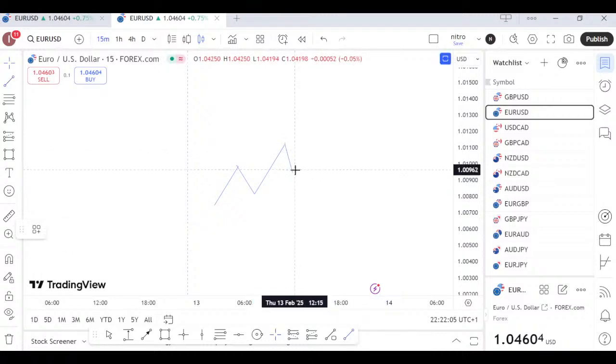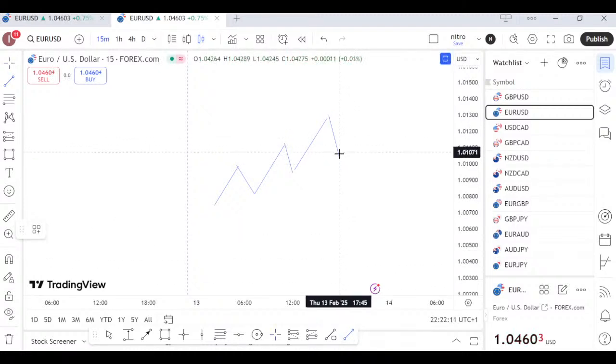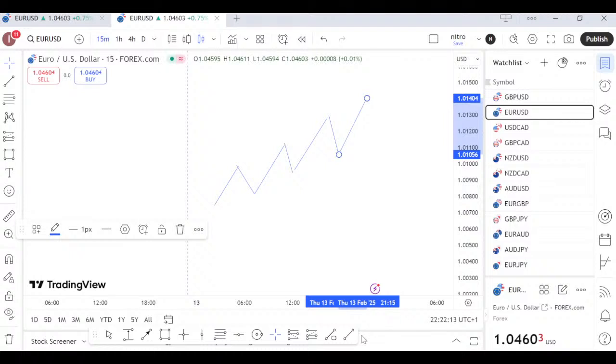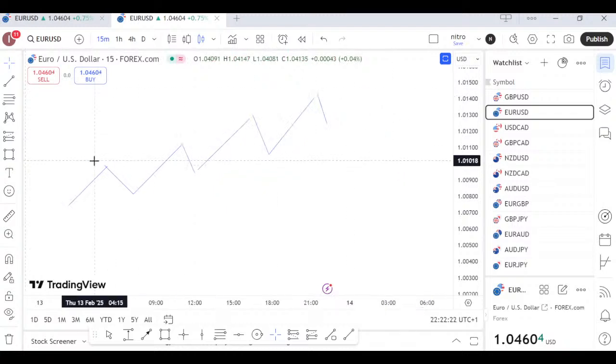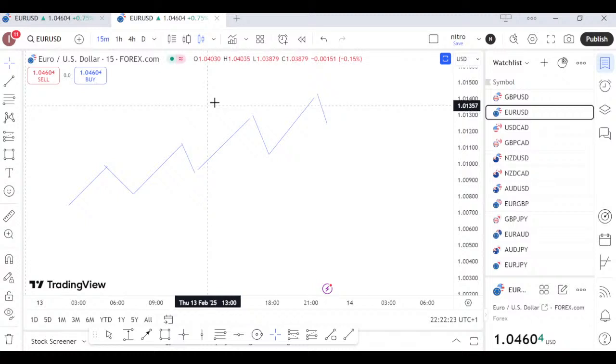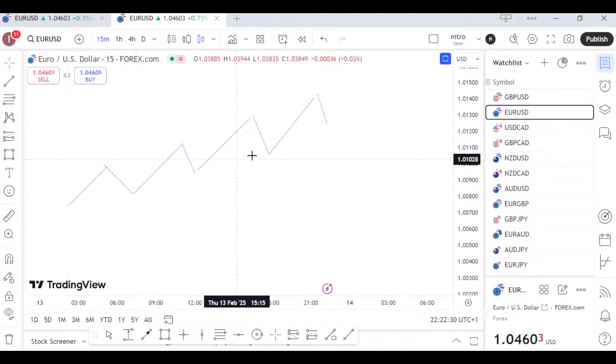That's the bullish structure. We have higher high, higher high, higher high, and then higher low, higher low, higher low, because this low, of course, is higher than this low, and this low is higher than the previous low.